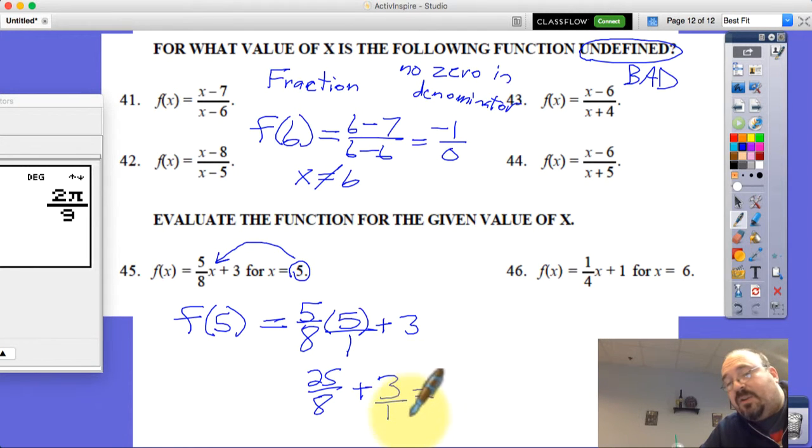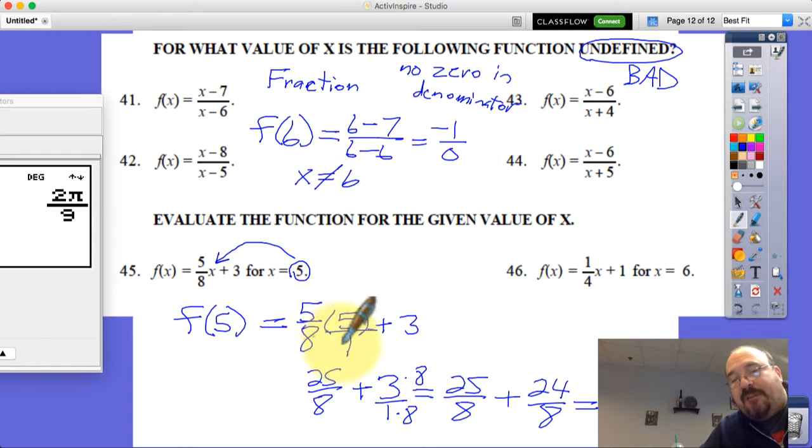And then the next thing I'm going to do is find a common denominator. So the common denominator would be 8. So multiply top and bottom by 8. And I get 24 over 8. Now that I have a common denominator, keep it, add the numerators, and this is your final answer. So f of 5 equals 49 over 8.